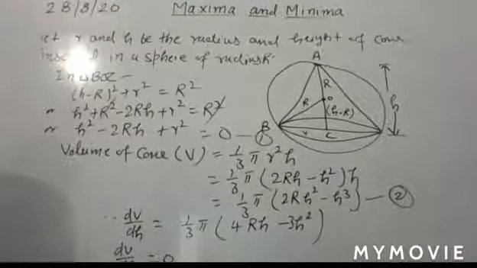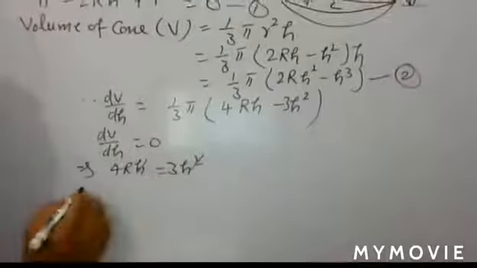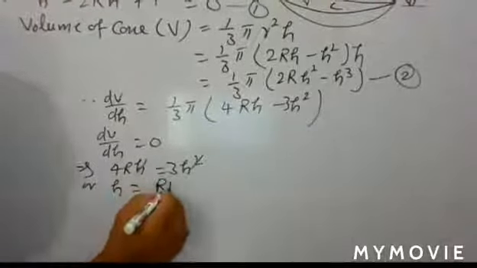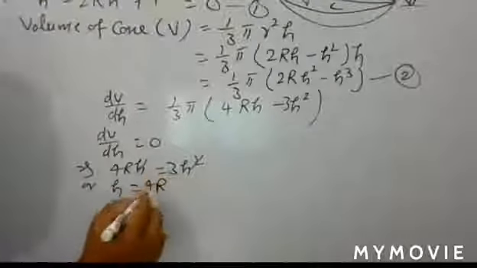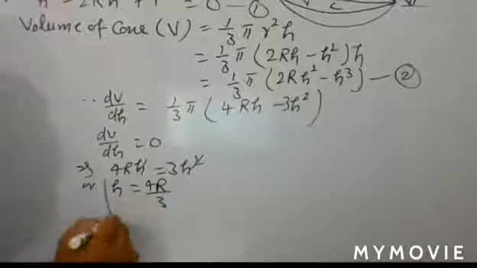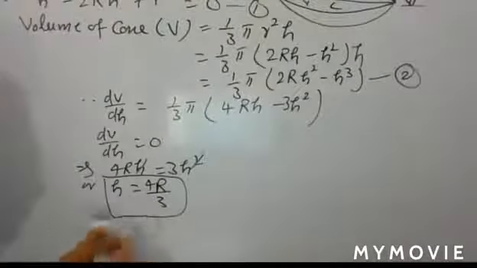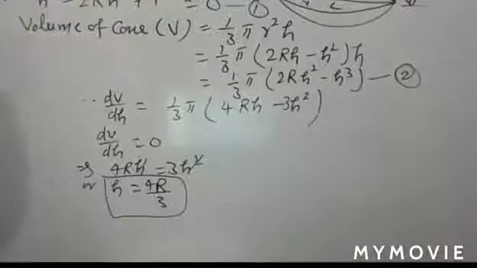So h is cancelled out because h can never be 0. So here you have the value of h is equal to 4 capital R upon 3. 4R by 3 is the height of the cone. Sometimes that result is also required. So h is equal to 4R by 3.